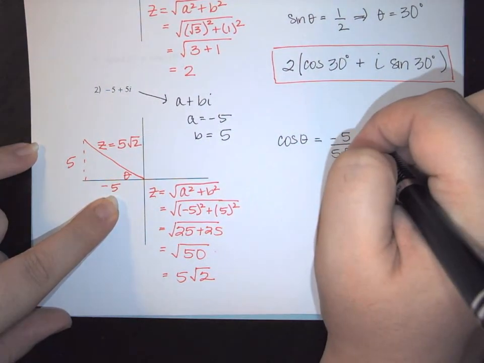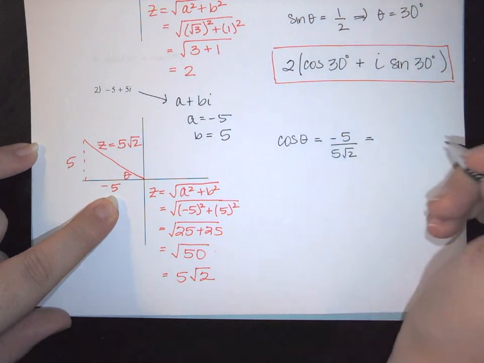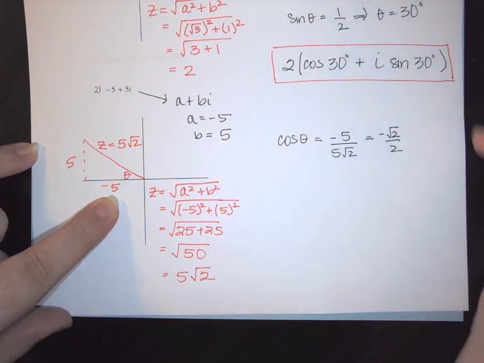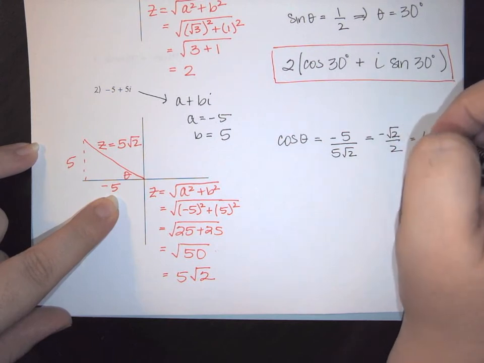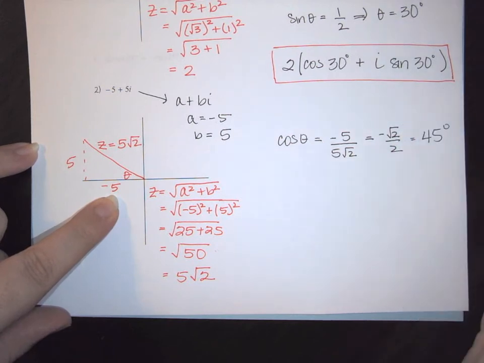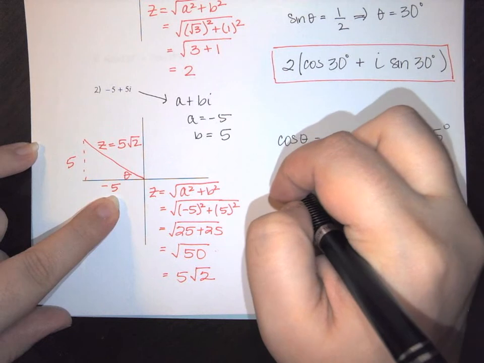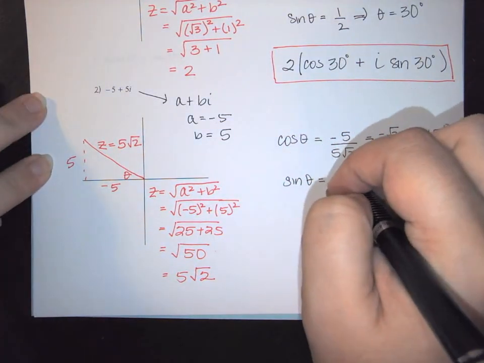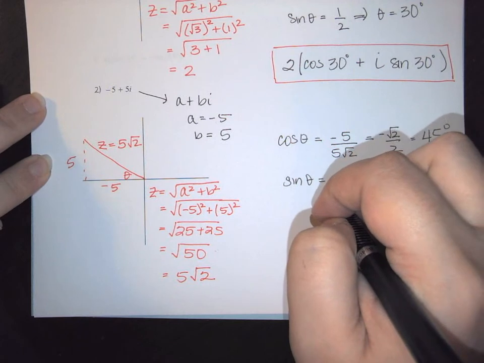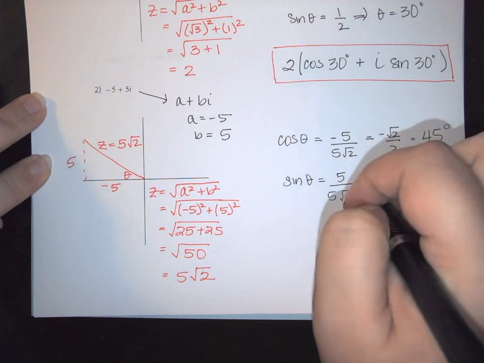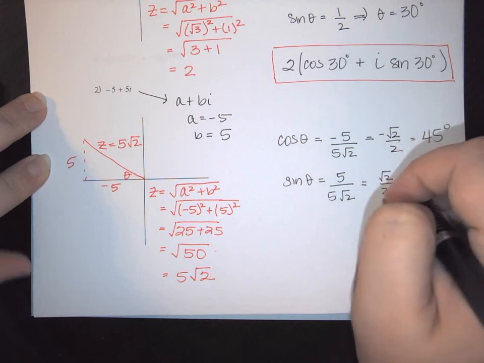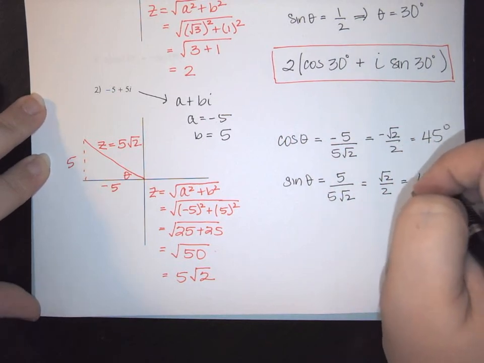When I reduce this down, I'm going to end up with the negative square root of 2 over 2, which we know to be 45 degrees. I'm going to check it with my sine. Sine is going to be 5 over 5 square roots of 2. Again, that's going to reduce to the square root of 2 over 2, which is 45 degrees.